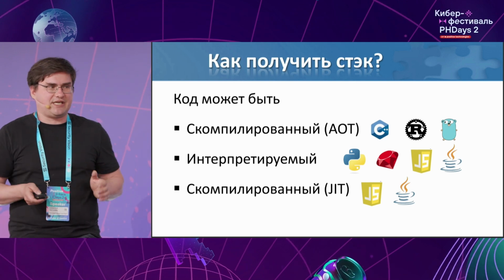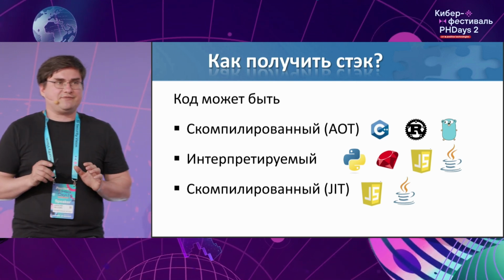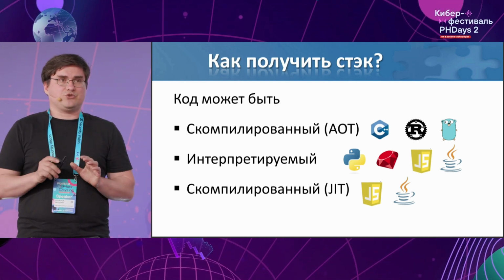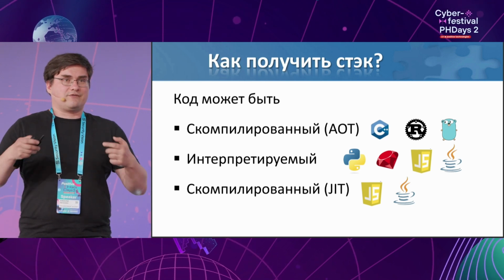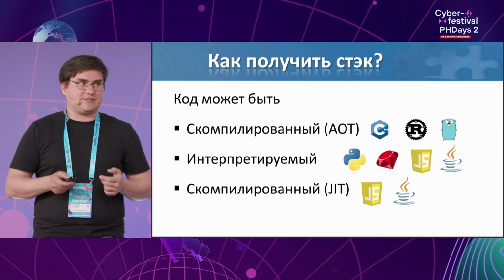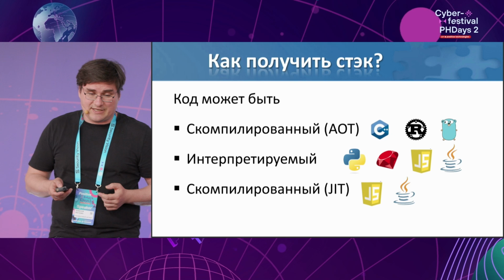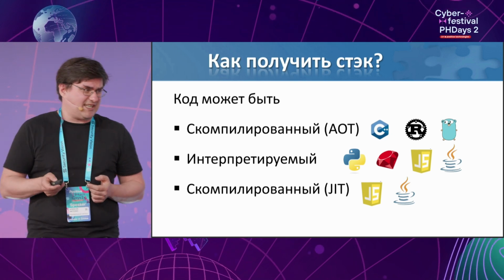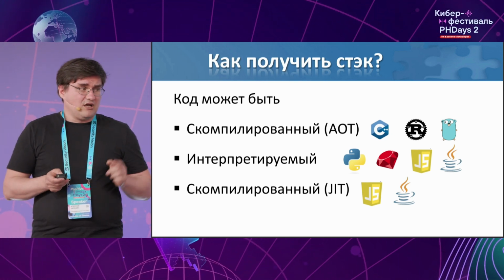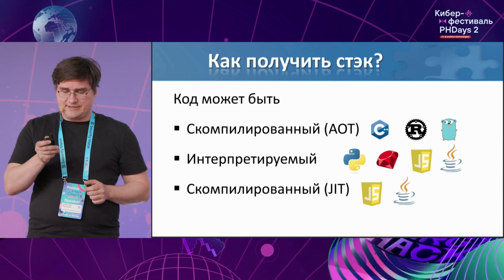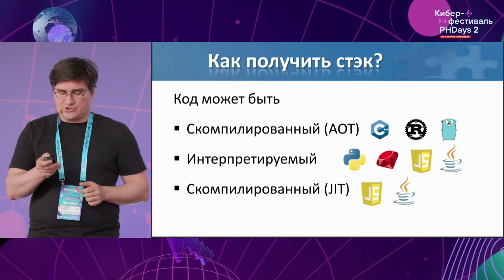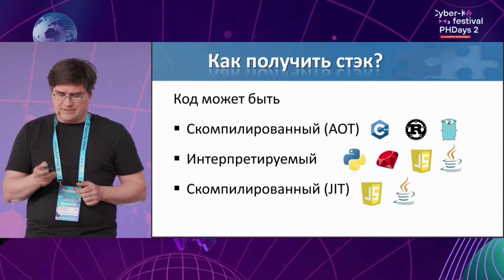Java has its own mechanisms, and JavaScript too, Python, Ruby, they are all slightly different mechanisms, and the tools will be different. But eventually, when you've collected the stack traces, the two main methods of analysis will be the same for all languages. But this makes things interesting for us.